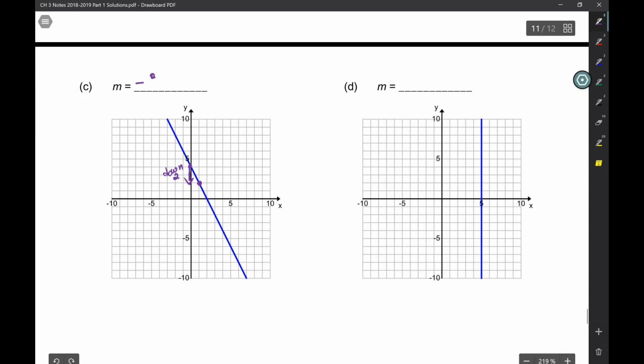That's negative 2. We're going to the right 1. So negative 2 over positive 1 is negative 2 over 1. And if we're dealing with slope, we leave it as negative 2 over 1. Okay?